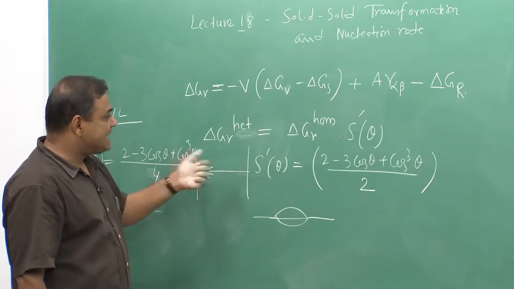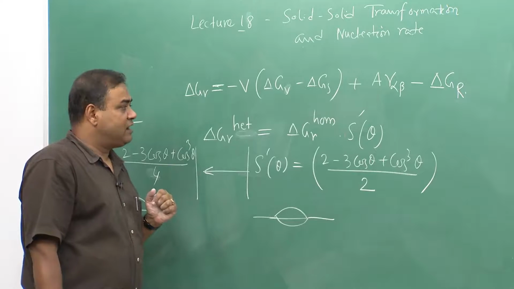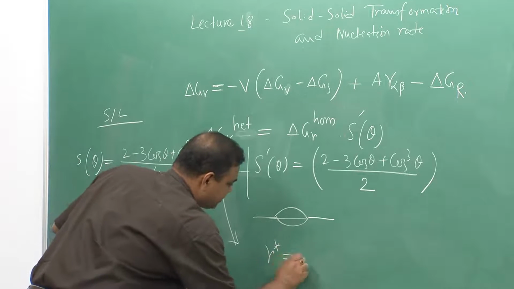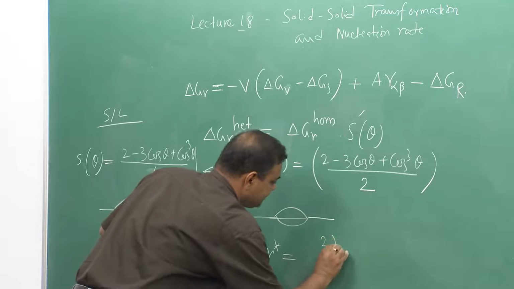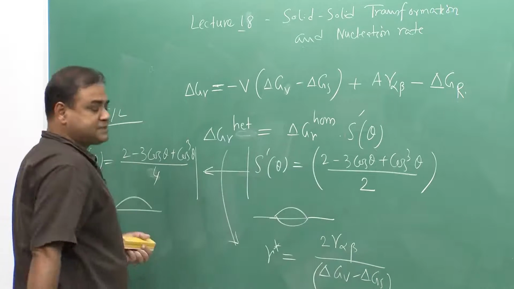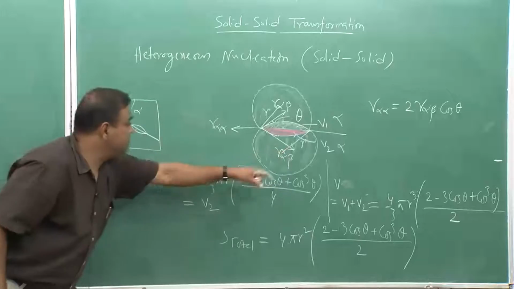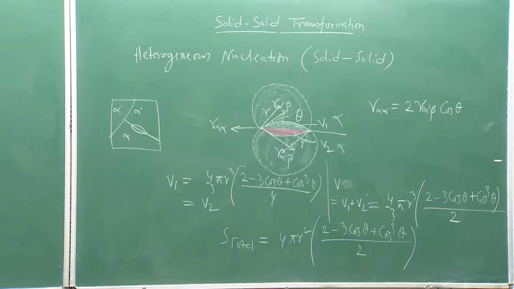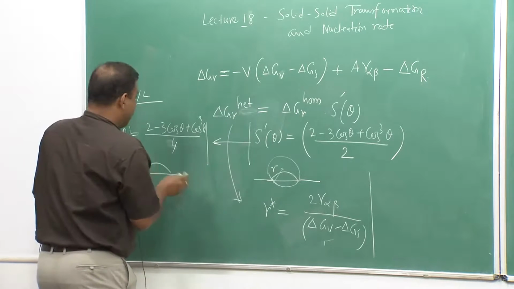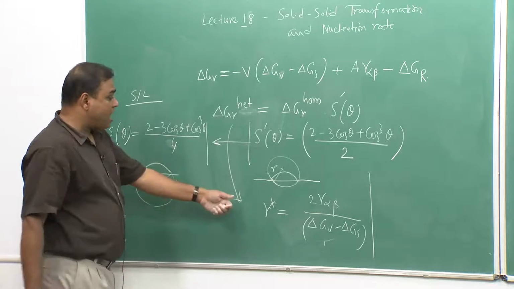If I have that case, delta G R heterogeneous would be less than delta G R homogeneous, and from that we can also get R star would be similar to delta G S, as well as, since these are both the same in this case, R star would not vary.